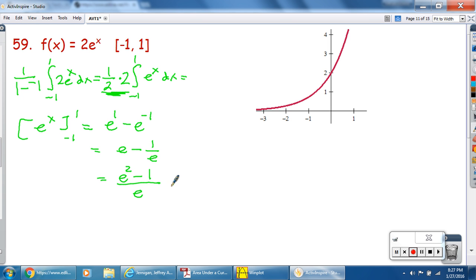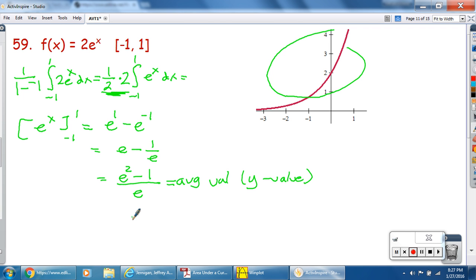And if I were to approximate that decimal value, I could find that on my graph over here, the y value. This is the average value. Remember that it is a y value, and it is a y value that's located somewhere on this curve over here.